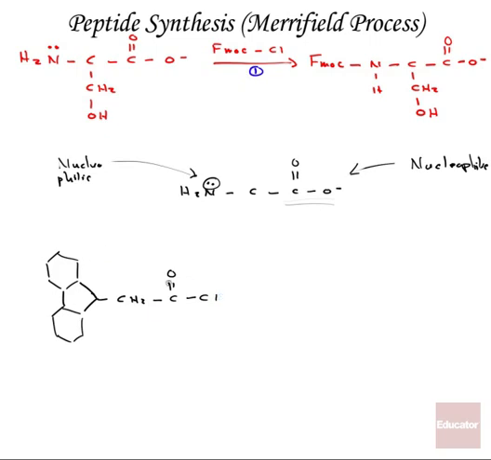Okay, so this is an acid chloride. It's a carbonyl chloride. Okay, this chloride is going to be your leaving group. Sorry, let me go ahead and put my aromatic, because this is definitely aromatic. Okay, so this right here, that's the FMOC part. And of course, this is the chloride.